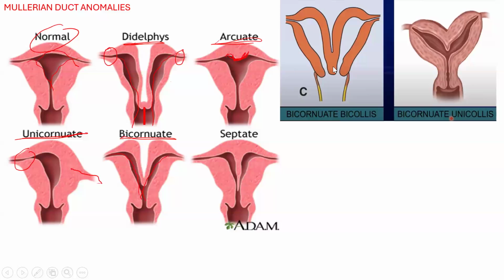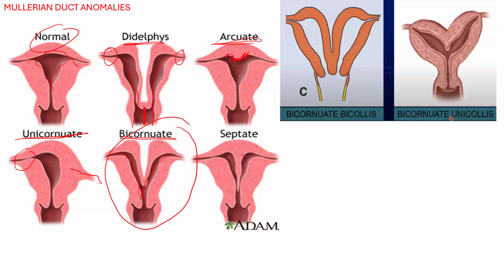You have two uterine cavities and the cervix is in two. You have a pair of cervices. So this is known as bicornuate bicollis. Or as shown in this one, where you have two uterine bodies but one cervix, that's bicornuate unicollis, or the double uterus.